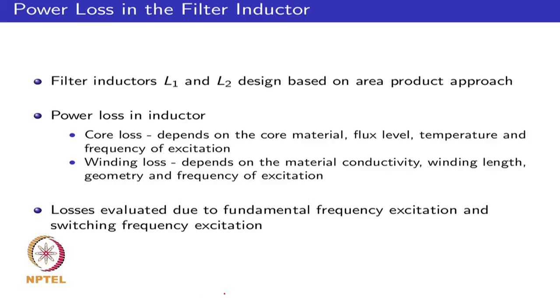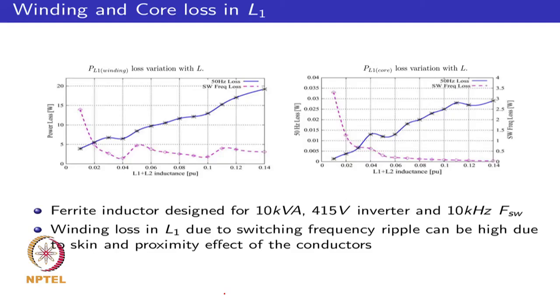So if you look at the filter inductor L1, this is an example of a 10 kVA 415 volt inverter switching at 10 kilohertz. What is shown in these figures is the power loss in the inductor L1.